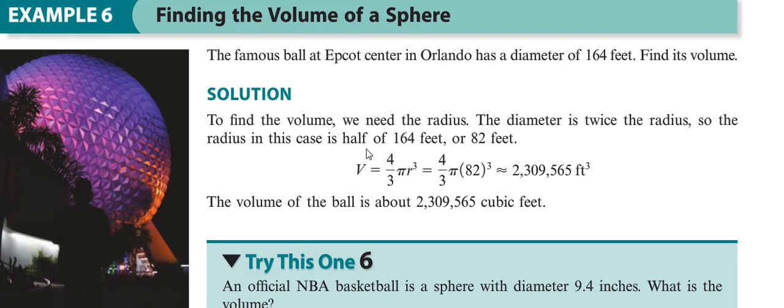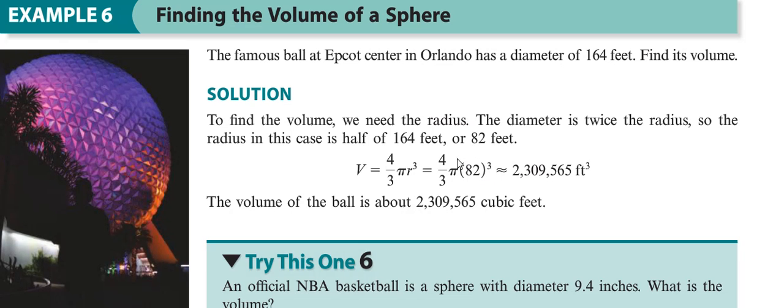So the volume is equal to 4/3 pi, and you can use the pi button on your calculator. That's what's recommended. Times 82 cubed. Once again, you have to use that order of operations, so you have to cube the 82 first. 82 cubed would be 82 times 82 times 82.